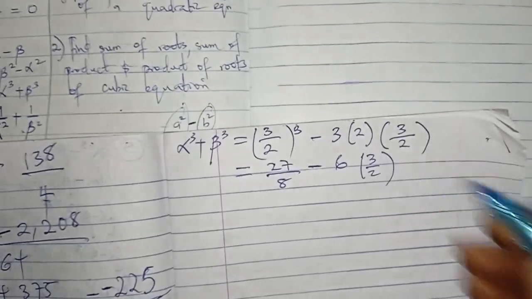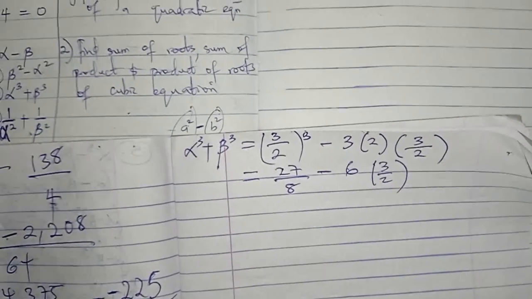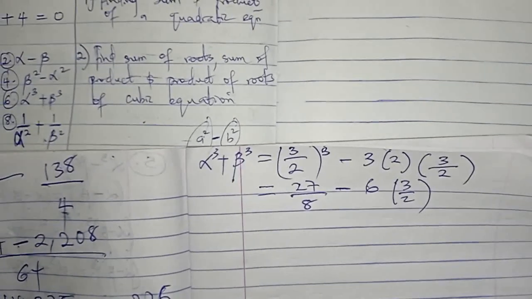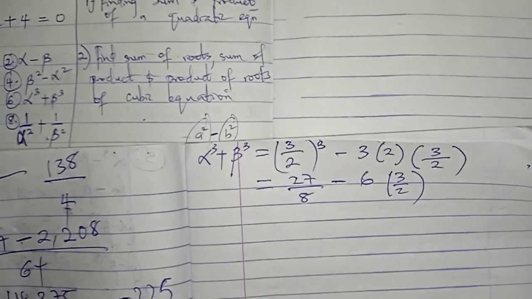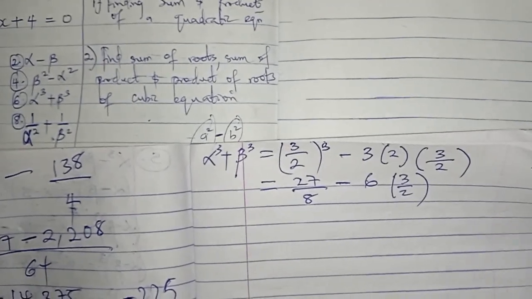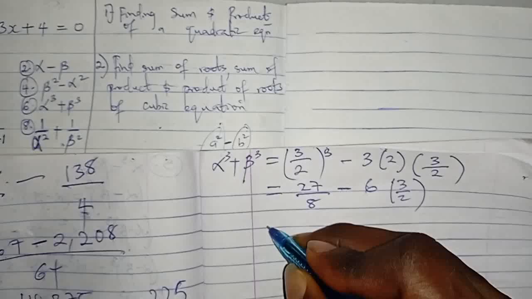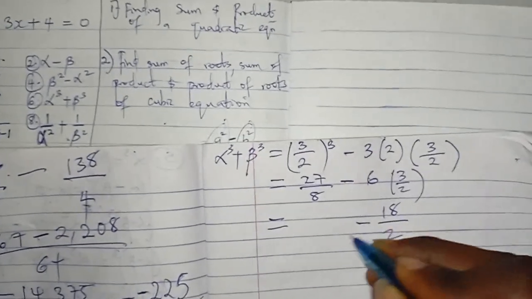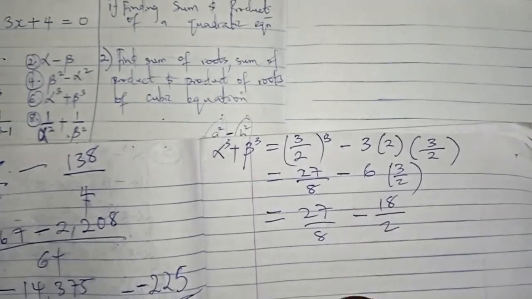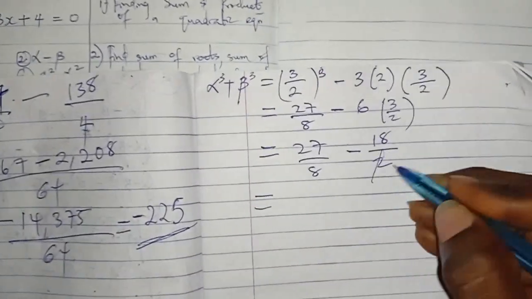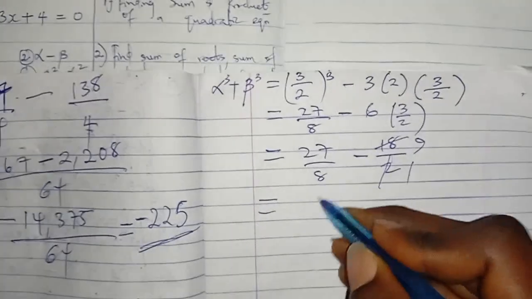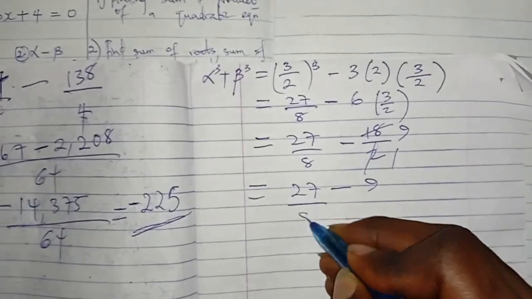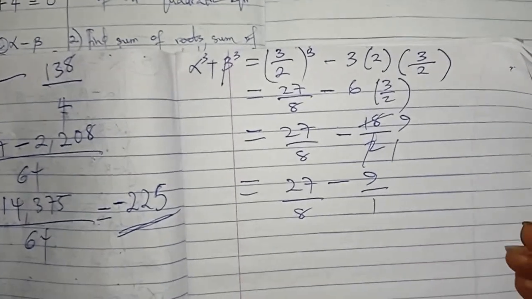I have 6 times 3, 18, so I have 18 over 2 minus 27 over 8. So 2 can go here 1, 2 goes here 9. Okay, so I have 27 over 8 minus 9 over 1.